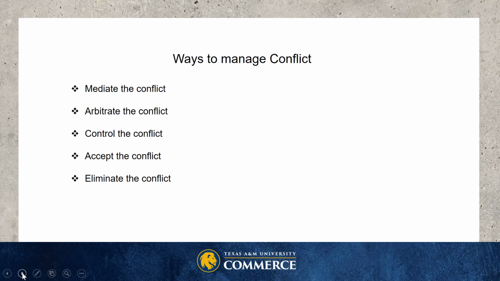A project manager has several means at their disposal to manage conflict. They can mediate the conflict, where the PM takes a direct interest between the parties and seeks to find a solution. Now, this type of mediation takes judgment out of the equation.